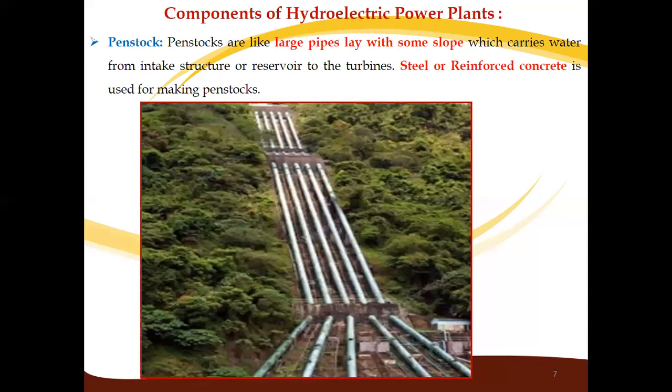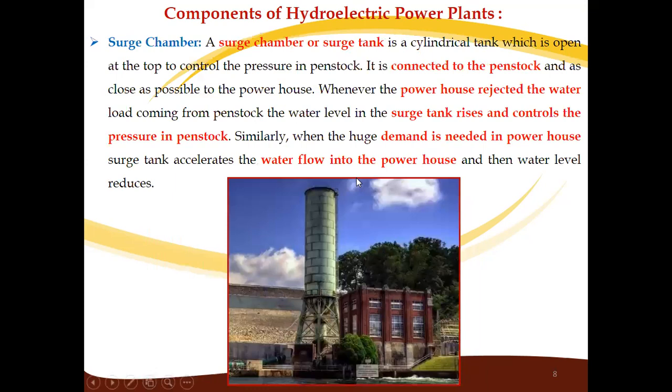Now the fourth part is called the surge chamber, or the surge tank. A surge tank or surge chamber is a cylindrical tank, as shown in this figure. It is open at the top to control the pressure in the penstock.